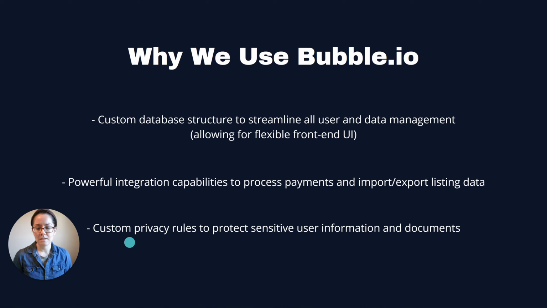Second thing is the integration capabilities. So you have really robust and comprehensive integration abilities that you can incorporate with your Bubble app to connect to the outside world. So whether it's embedding some kind of external functionality like an interactive map or a 3D walkthrough of a property, or if it's just connecting to external databases, pulling data in, exporting data out to keep things synced, being able to process payments, of course.